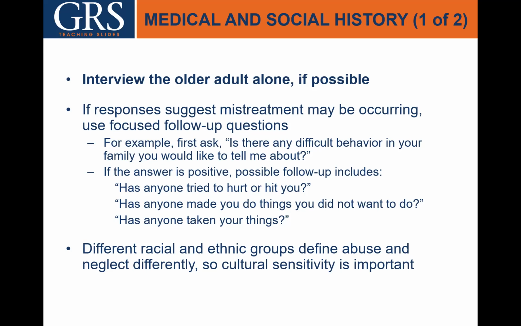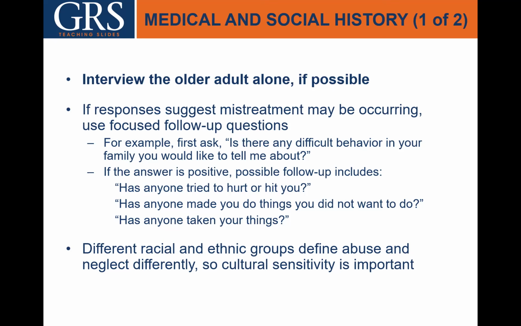If the answer is positive, you can ask a follow-up question like, has anyone tried to hurt or hit you, or has anyone taken your things? By knowing those answers, you may get a further clue as to whether the patient is suffering from mistreatment.